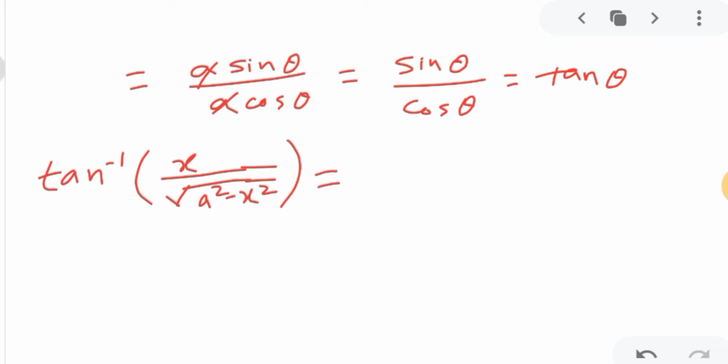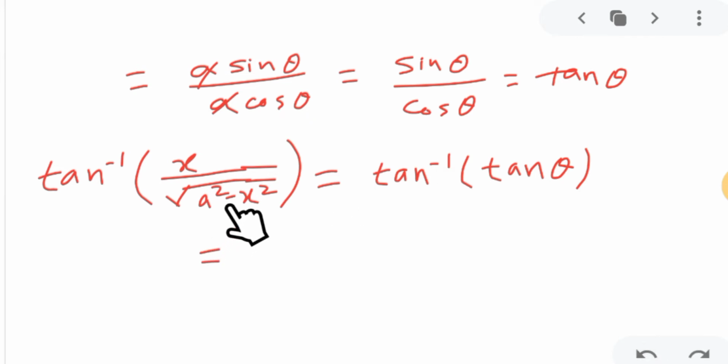Since we found the inside term is tan theta, I will write tan inverse tan theta, and tan inverse tan will go, so it will become theta. You will not cancel, for understanding purpose I am telling. So this will be theta.